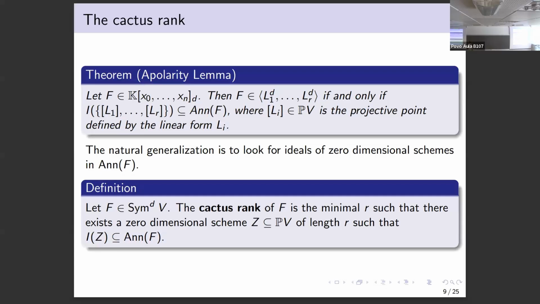And in this annihilator, we can also look for not only smooth points, not only reduced schemes, but also any type of scheme we can find. We're going to call the cactus rank the minimal length of the scheme. So this generalizes the usual notion because the length of a set of points is just the cardinality. The length of a zero-dimensional scheme is a bit more technical, but it's the one that generalizes.